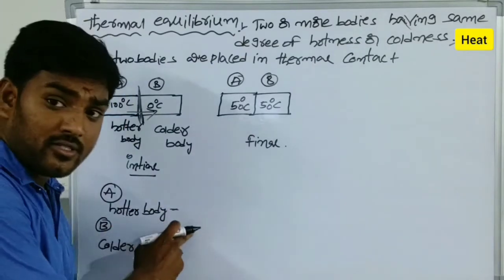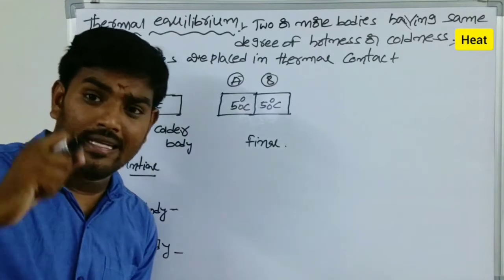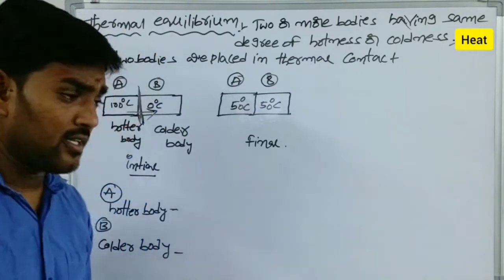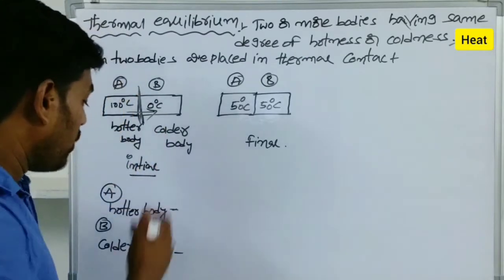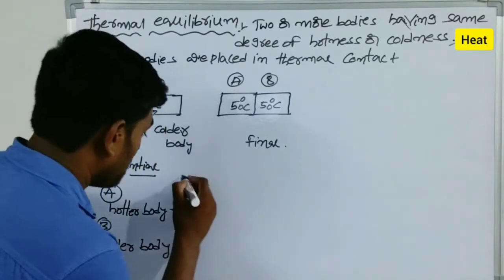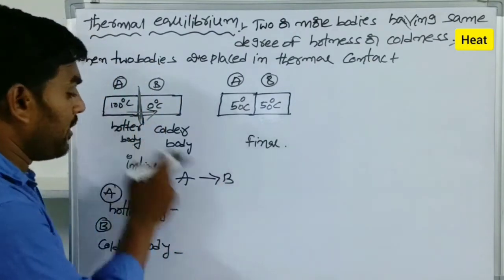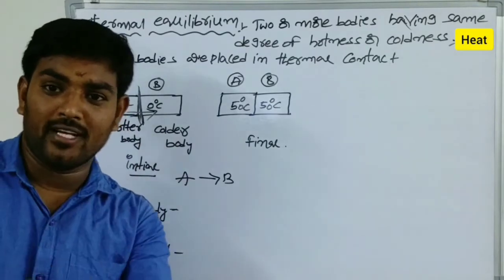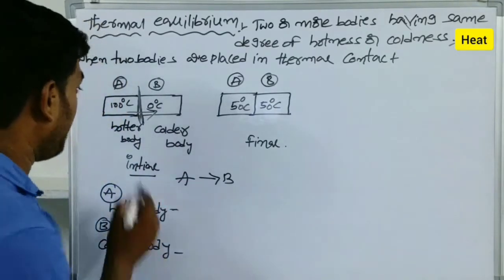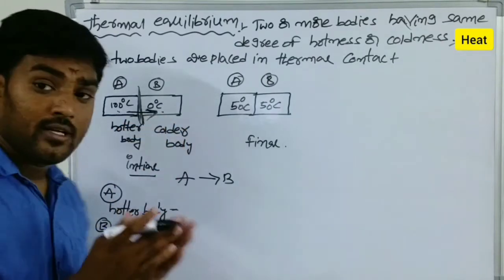Heat is a form of energy in transit that flows from a body at higher temperature to a body at lower temperature.